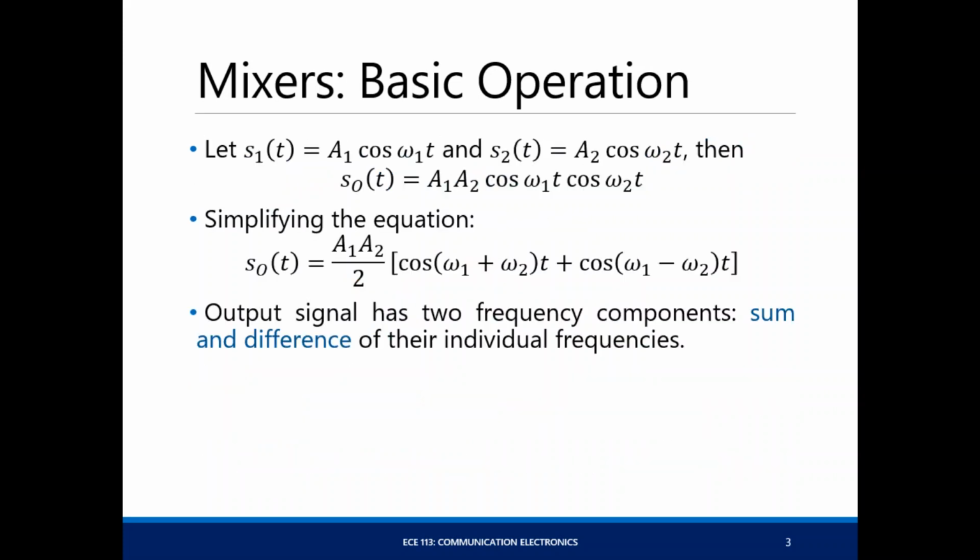So if we have a message with frequency omega 1, sinusoidal, and your carrier is omega 2, then the output of the mixer is this. And if we use a trigonometric identity, we get this signal right here, which has a sum frequency and a difference frequency. So the output has two individual frequency components, the sum and difference of the individual frequencies.